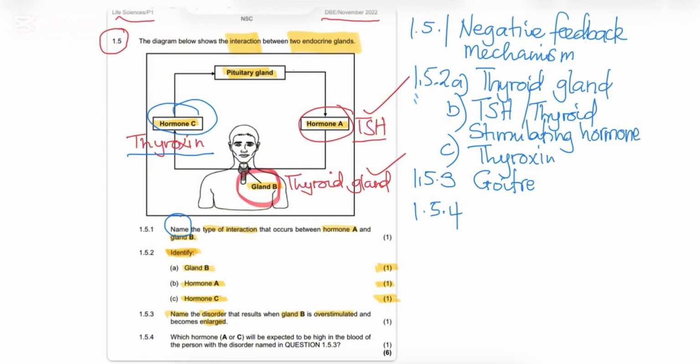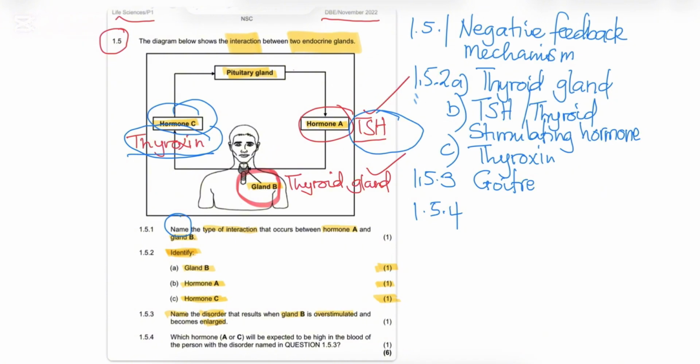Let us think carefully. We said that hormone A is TSH, and we also said that hormone C is thyroxine.